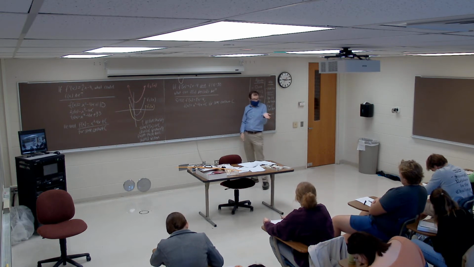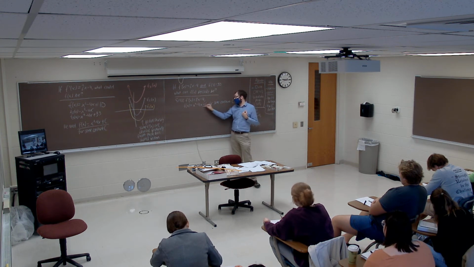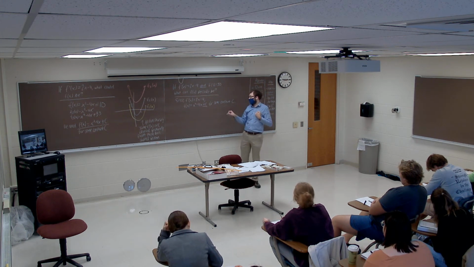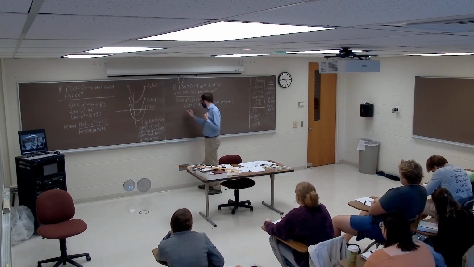And what you propose, Anna, is that we find what c should be equal to, because if we plug in 1 for x, it should come out to 30. So you propose we just plug 1 in for x in this equation, set it equal to 30, and solve for c? Yeah. I like it.